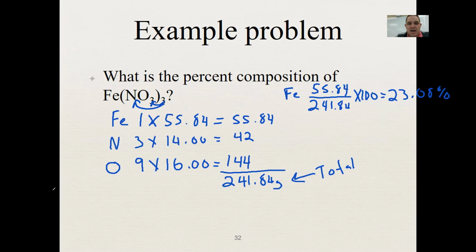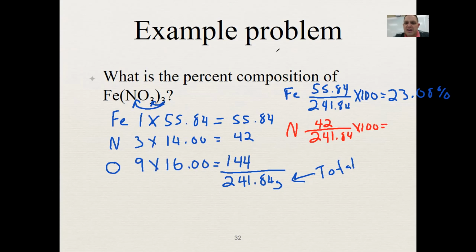Now let's look at nitrogen. I'm going to move nitrogen right below it here, and let's maybe change a color so we can see the difference. But I have nitrogen, and there is 42 grams in that one over the total of 241.84. Now here's just a quick thinking question before we actually do our math.